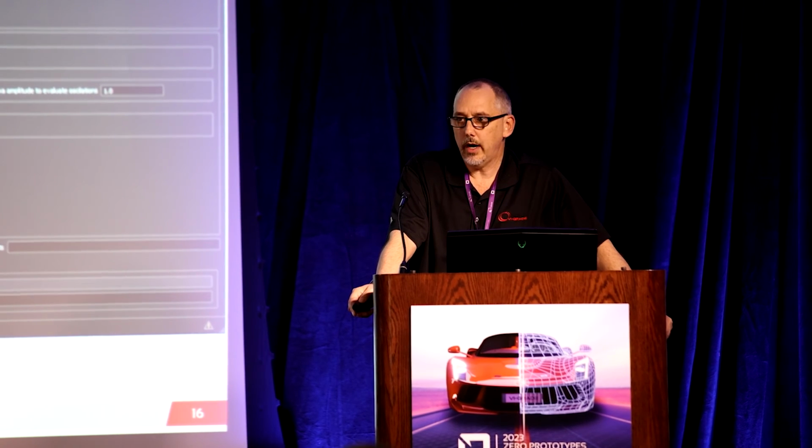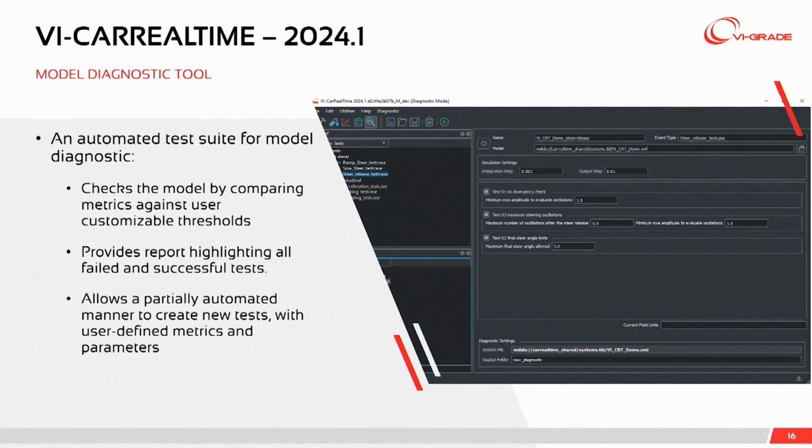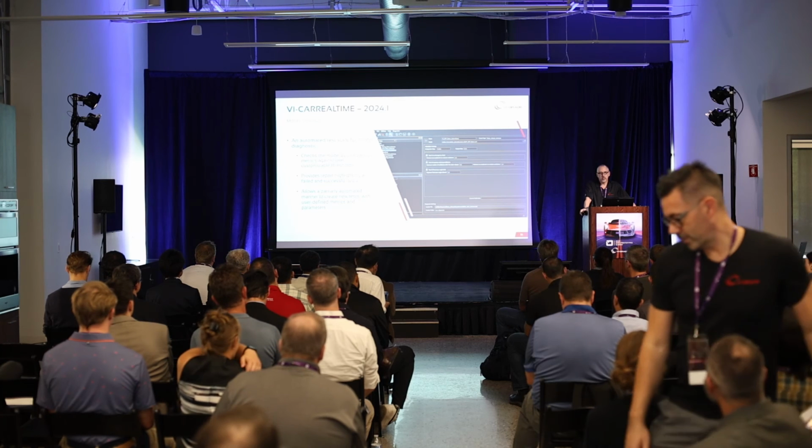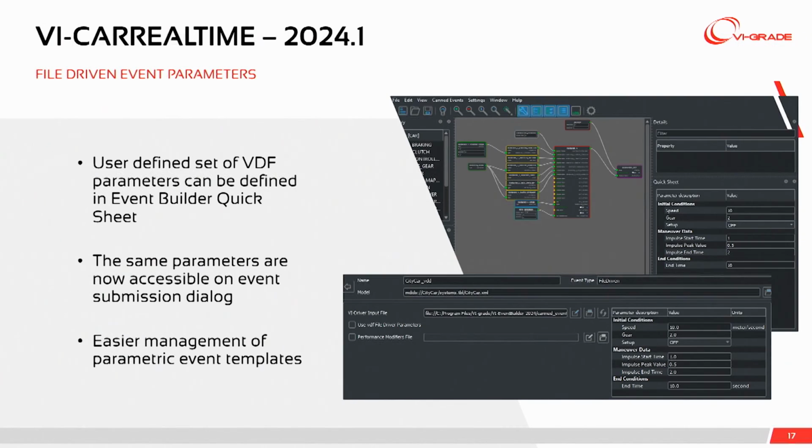So if you build a new model and you want to validate that this model is appropriate to be used, you can run this diagnostic and it'll report back to you how well you did against all of the metrics that are in that diagnostic. And it can be built off of standard analyses, or you can have your own custom definitions.